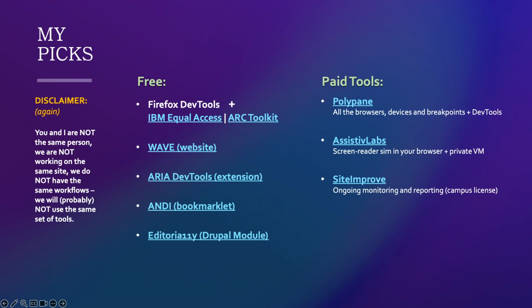So you can use different devices, different breakpoints, and it gives you dev tools for them, and that is very accessibility focused as well. So check that out. It's like $100 a year, but it is so worth it. If you do a lot of web design stuff, it's just great. And then I also use Site Improve because we have a Site Improve contract, so I use theirs as well.